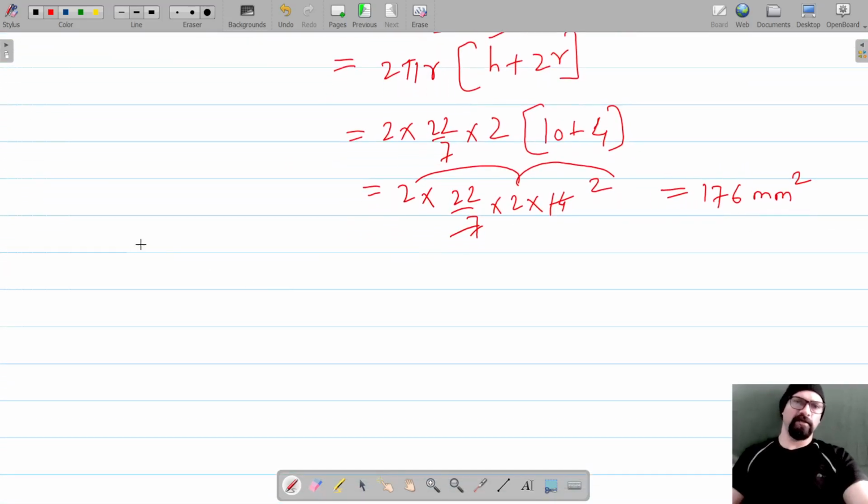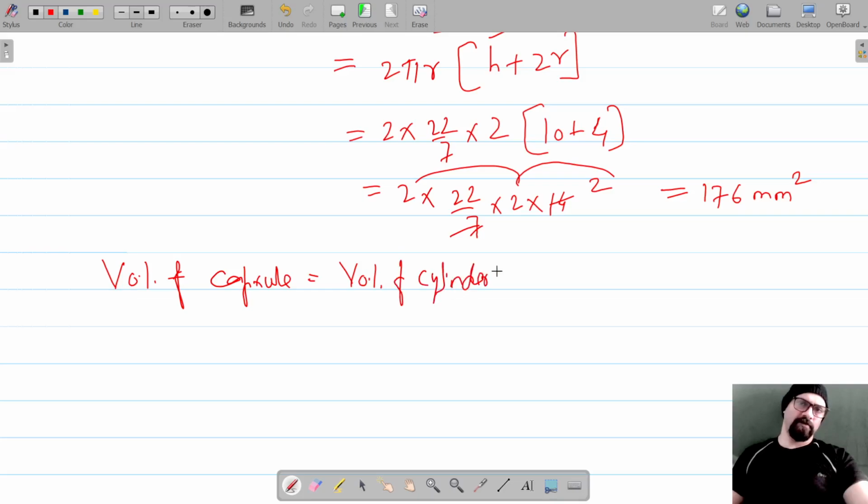We have to find the volume of capsule, which once again will be the volume of cylinder plus volume of two hemispheres.